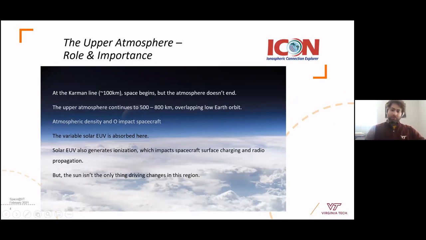And part of this region constitutes the low Earth orbit. Low Earth orbit will extend beyond this, but part of it is in here. So if you have a satellite flying through this region, you might be interested in the physics that is taking place. For example, if you're concerned about satellite drag or surface charging or any sort of radiation effects.